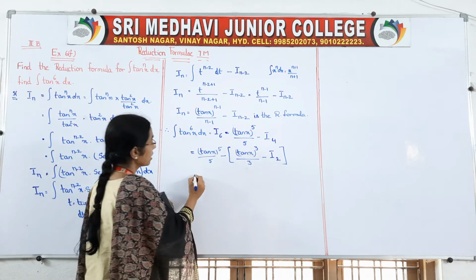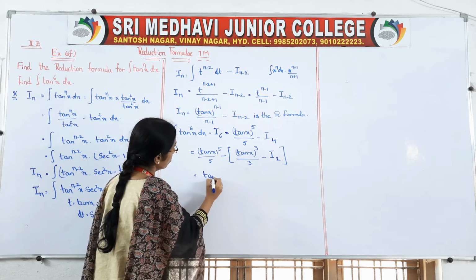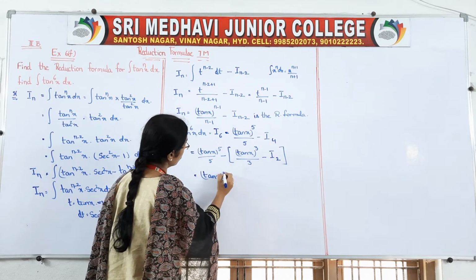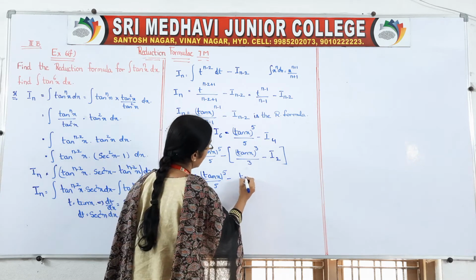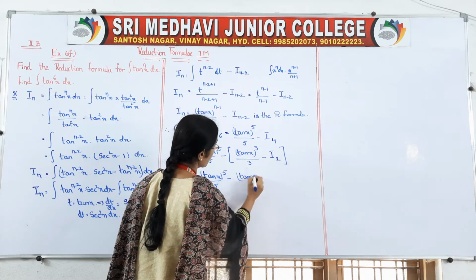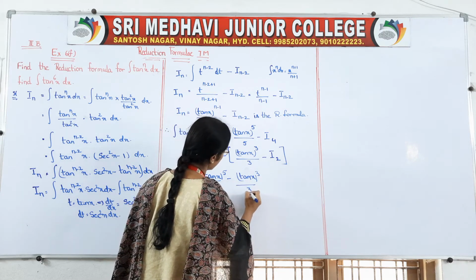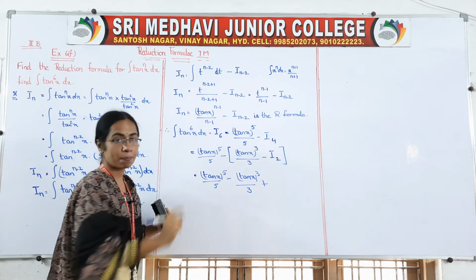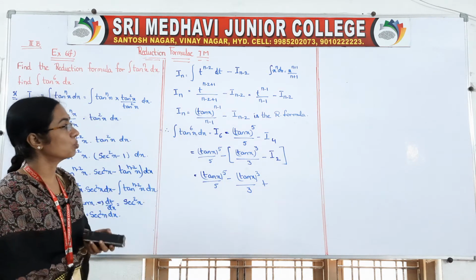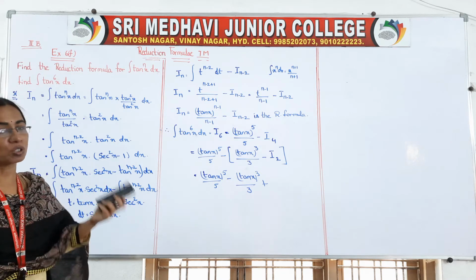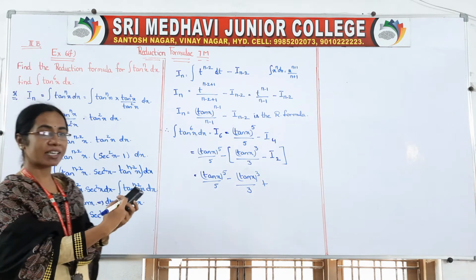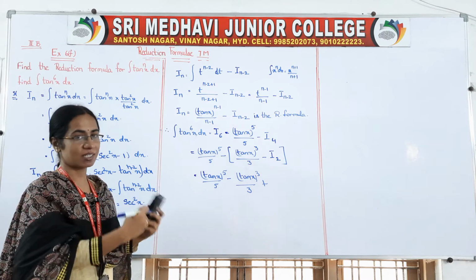Okay, so next value is tan x to the power of 5 by 5 minus tan x whole cube by 3, minus of minus, plus, right? I_2, now in that formula in the n place we have to substitute 2. Again and again we are using the same formula.